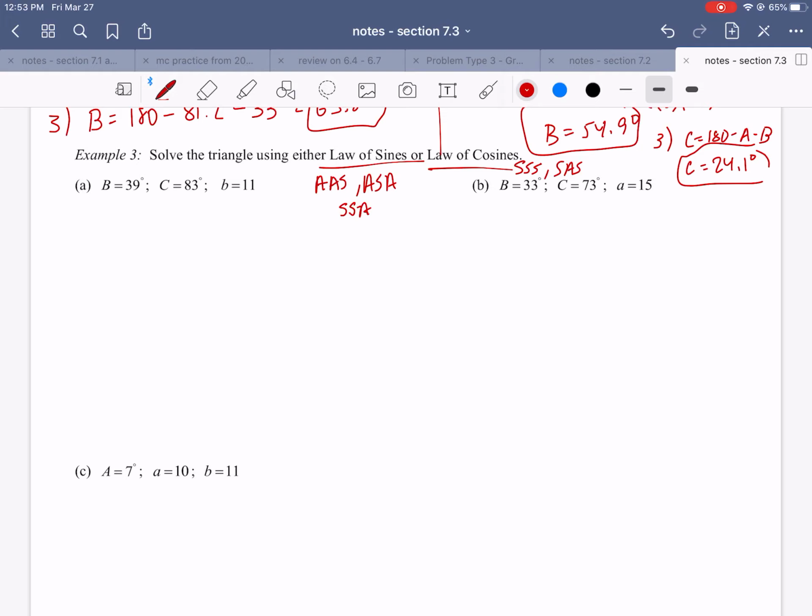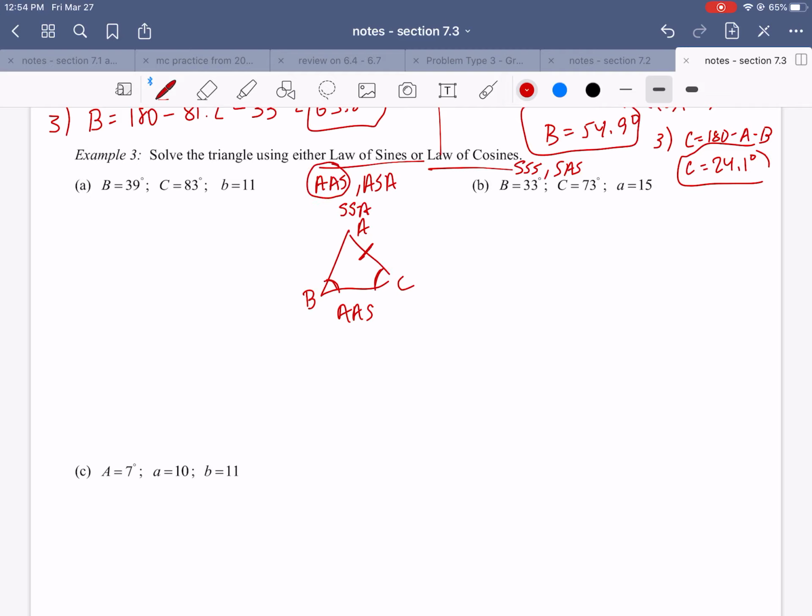Okay, so in example A, we have capital B, capital C, and lowercase b. If I draw just a quick triangle here, call this A, B, and C, we are given angle B, angle C, and little b, which is here. And so I see that I have angle, angle, side, which is going to be law of sines.